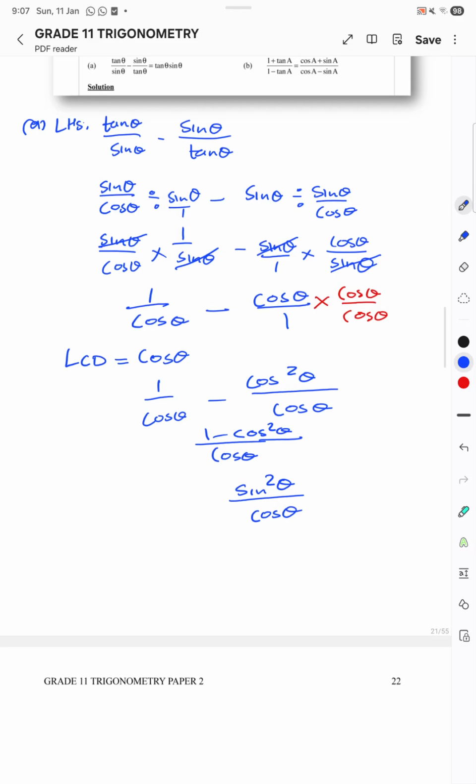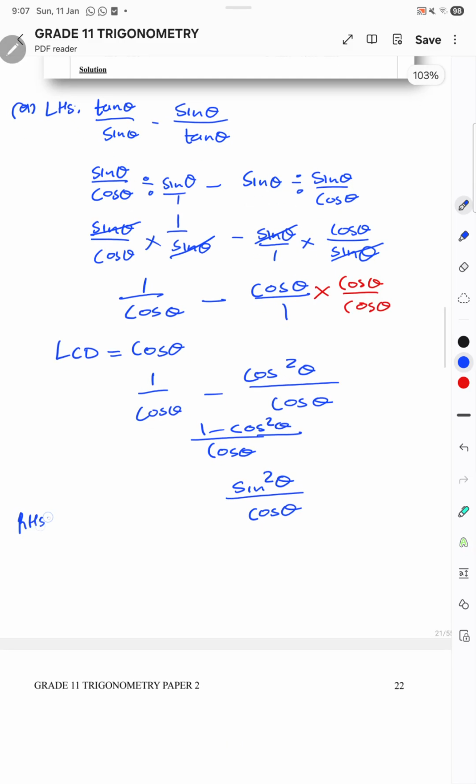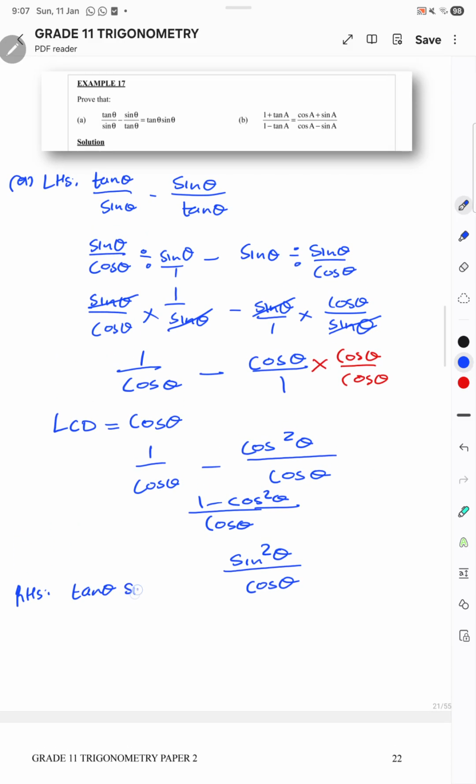Now, I can also work something out on the right there. The right hand side is tan theta sine theta. I know tan is sine theta over cos theta multiplied by sine theta. Now I cannot cancel sine because they're both in the numerator, so this will multiply.